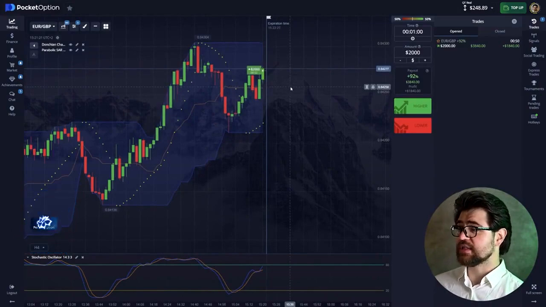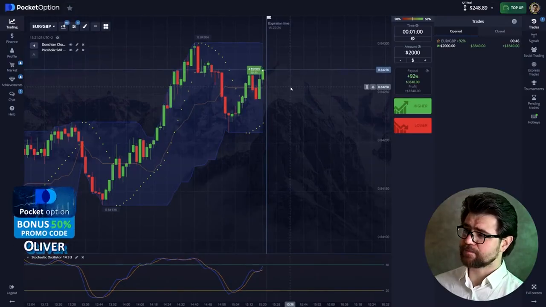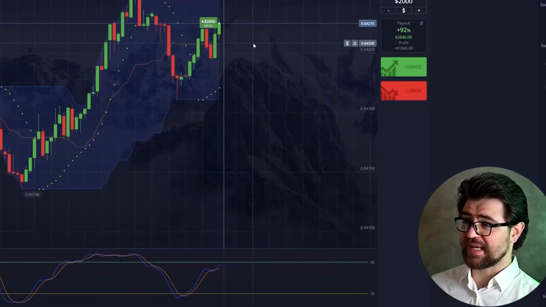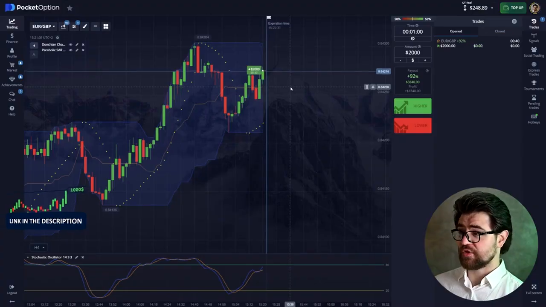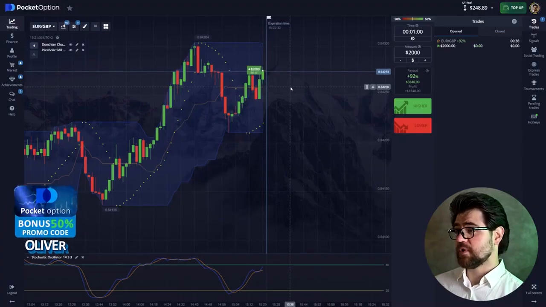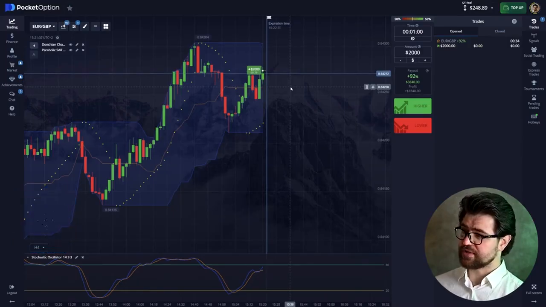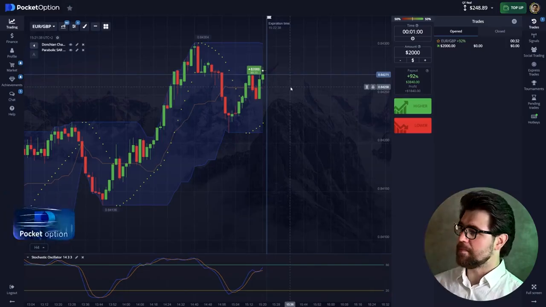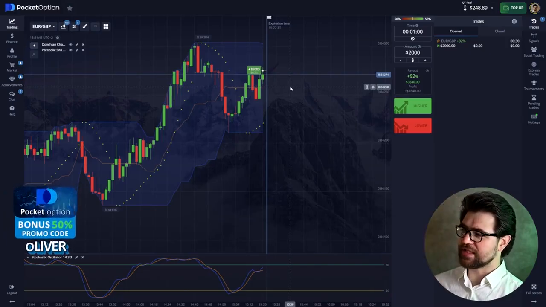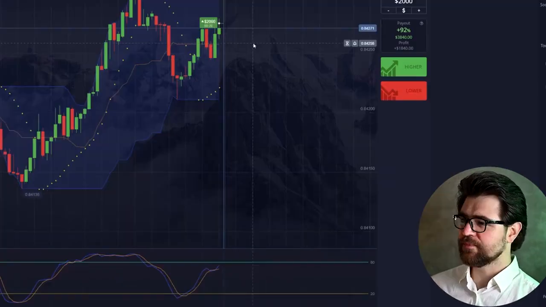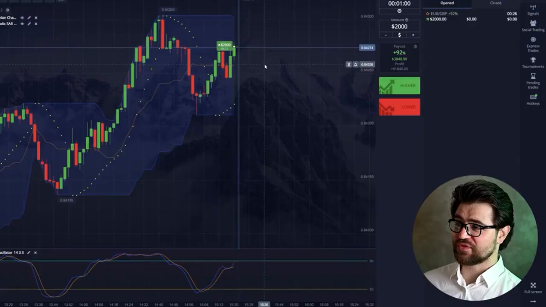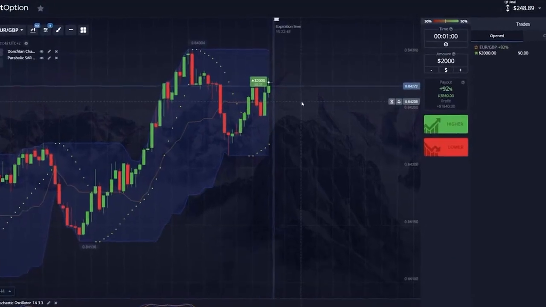Right here you can see that I saw the movement started on the candle, and I went for it. I would wait a little bit more because this is quite tricky, but just from the experience, I think here we're good. Let's wait for the result of this and continue.